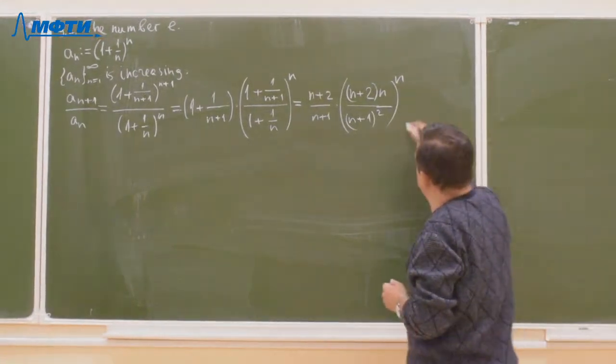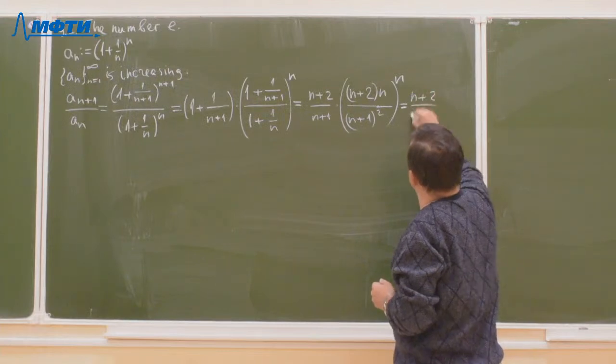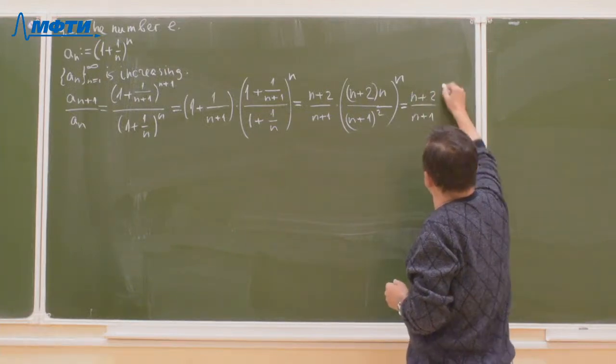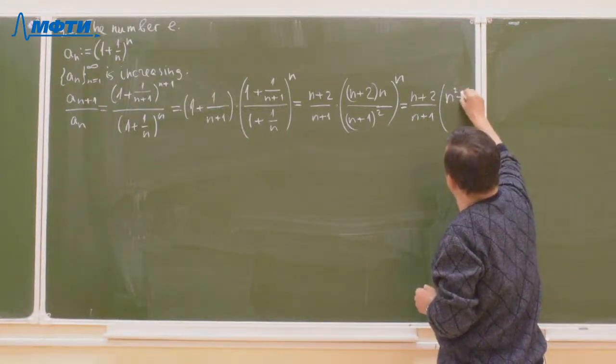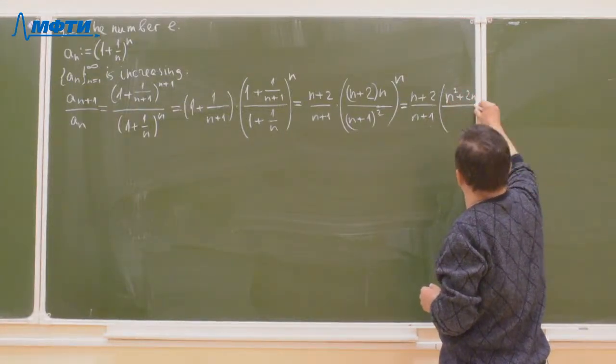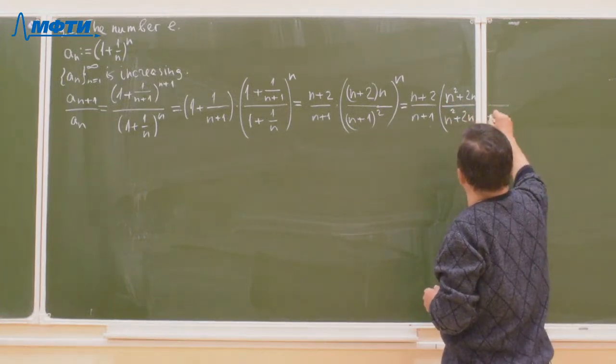Then let me rewrite it as (n plus 2) over (n plus 1) times (n squared plus 2n) over (n squared plus 2n plus 1), to the power n.